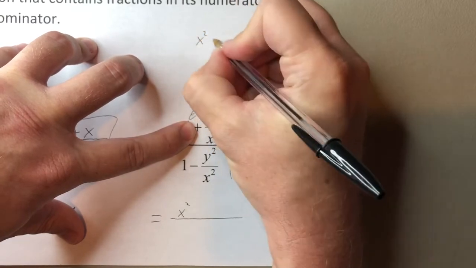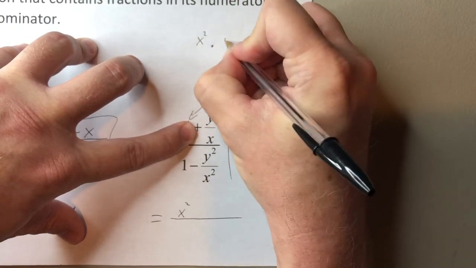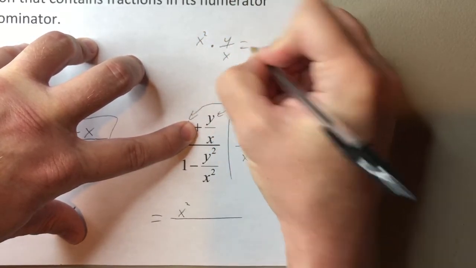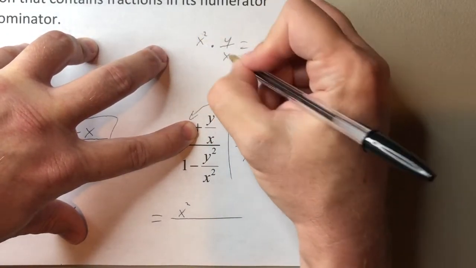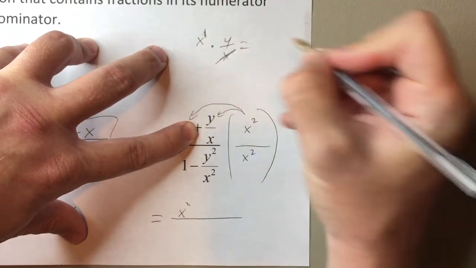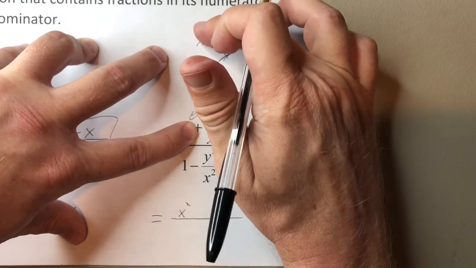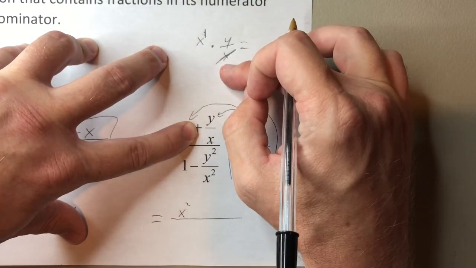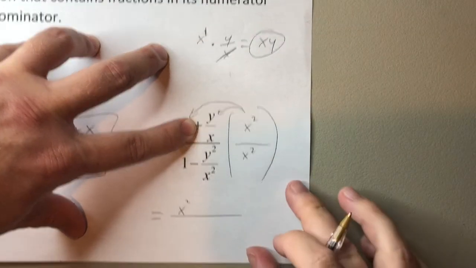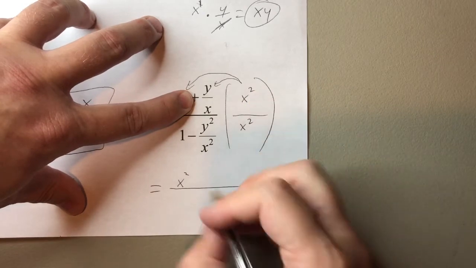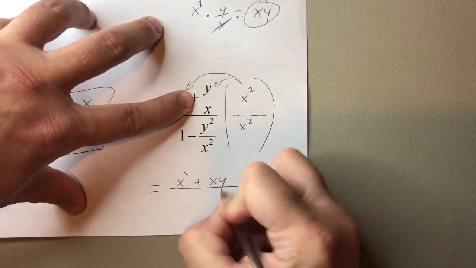X squared times y over x. That's what's going on right here. Well, wouldn't this reduce? Wouldn't this become a 1 and this just be canceled out? You have 2 x's on top versus 1 x on the bottom. So this would give you xy. So again, y over x times x squared is just xy.